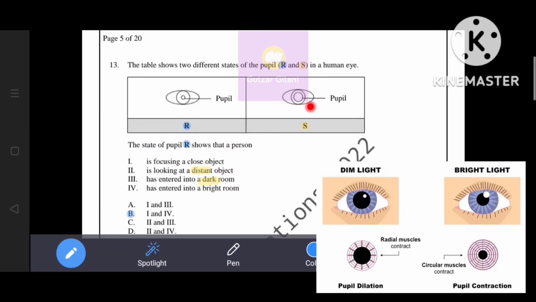Dilate है. अगर pupil dilate मीन्स डिस्टेंस ऑब्जेक्ट को हम देख रहे हैं और हम डार्क रूम में एंटर हैं. बट हमसे क्या पूछा गया है? आर के बारे में. तो आर के लिए जो स्टेटमेंट करेक्ट है वो 1 है, दैट इज it is focusing a close object. और फोर्थ स्टेटमेंट करेक्ट है, दैट इज has entered into a bright room, जो करेक्टली ऑप्शन बी रिप्रेजेंट कर रहा है. दैट्स व्हाई ऑप्शन बी इज द करेक्ट आंसर. स्टेटमेंट 2 और स्टेटमेंट 3 एस के लिए करेक्ट है.